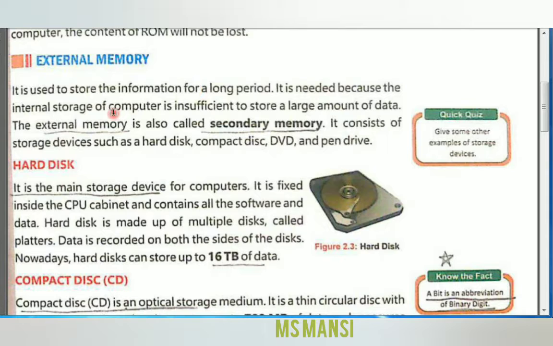The internal storage of a computer is insufficient to store a large amount of data. External memory is also called secondary memory.